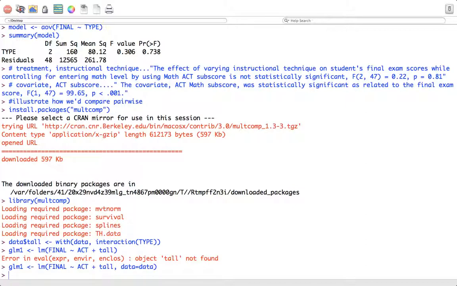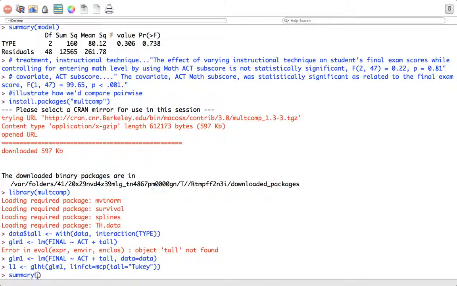Okay, so the next thing I want to do is run what I'm going to call L1. This is just going to give me my pairwise comparison, so I'm going to call it kind of a list 1. And I want to use what's called GLHT. And I want my model GLM1. And then I want to do linfct equals mcp, tall equals Tukey.